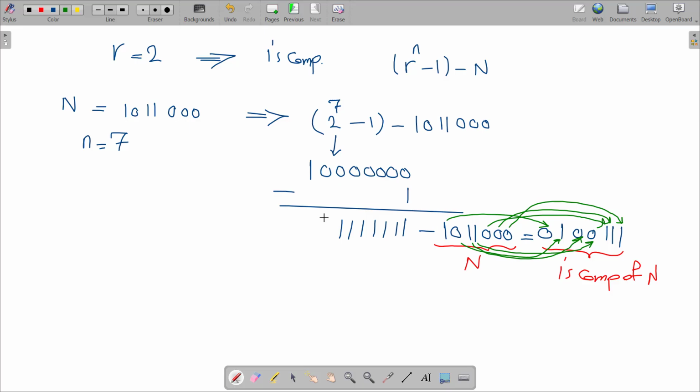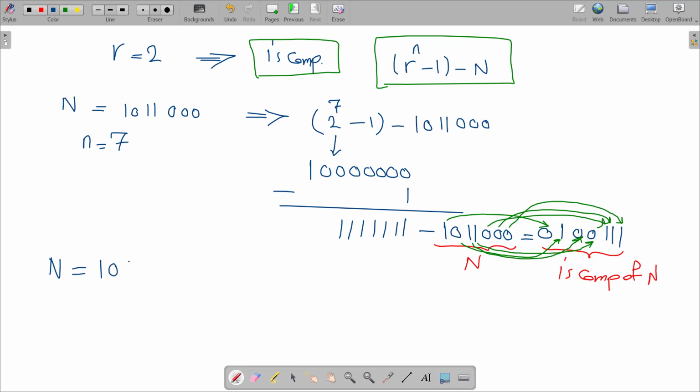What does it mean? It means that instead of using this formula for finding the ones complement of a binary number, you can use this tricky way. If you have a number, for example, 1, 0, 1, 1, 1, 0, 0, 1, the ones complement of this number is 0, 1, 0, 0, 0, 1, 1, 0.